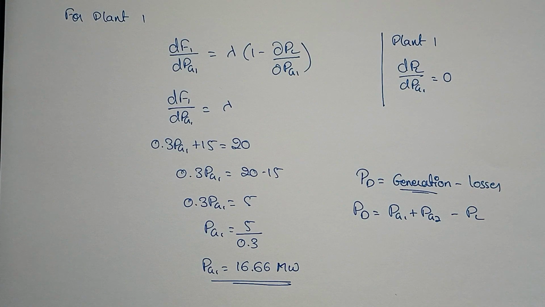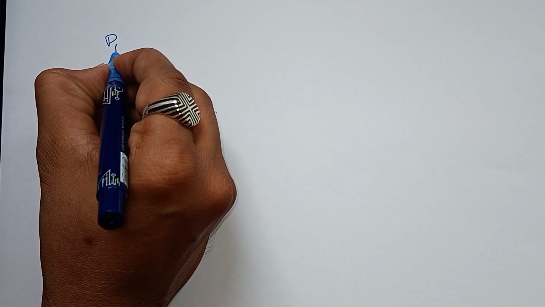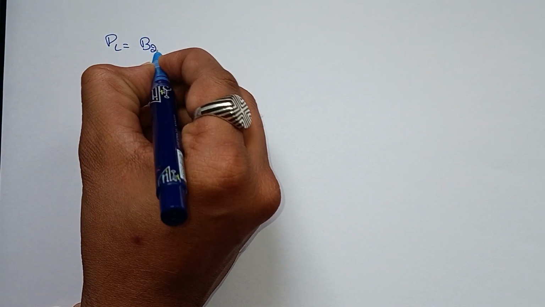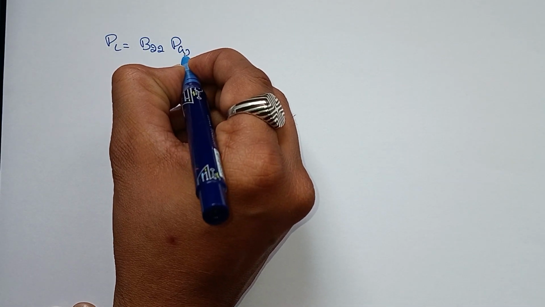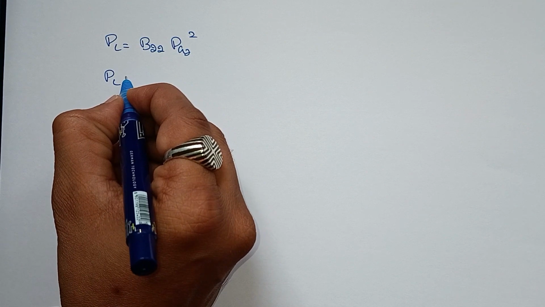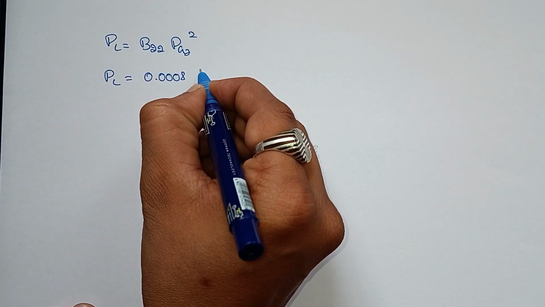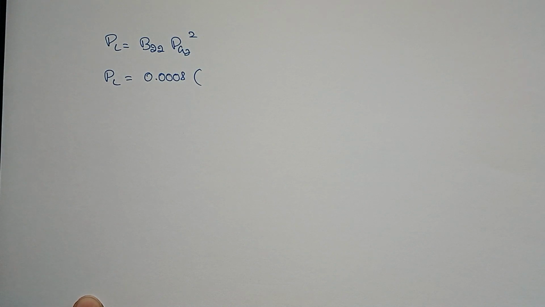The loss equation, we know that the formula, PL is equal to B22 into Pg2 square. Now PL is unknown, the constant value B22 is 0.0008, and the value of Pg2 as calculated is 24.39 megawatt.